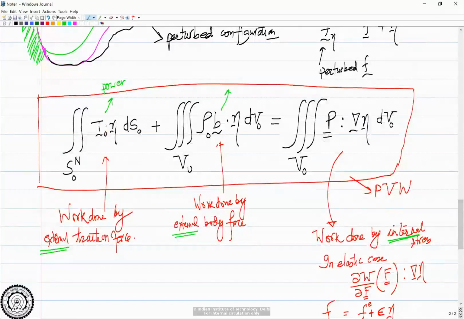And the right hand side will be gradient of velocity, and that becomes the rate of change of stored energy, power. Okay, therefore, we said it's either a virtual displacement or virtual velocity, and finally a test function.